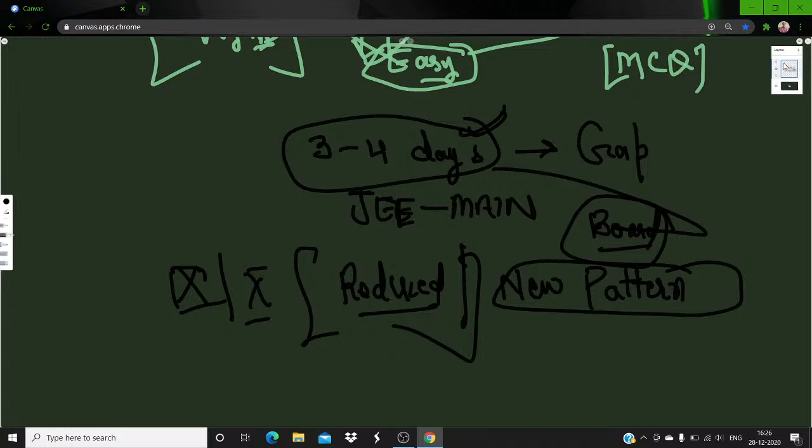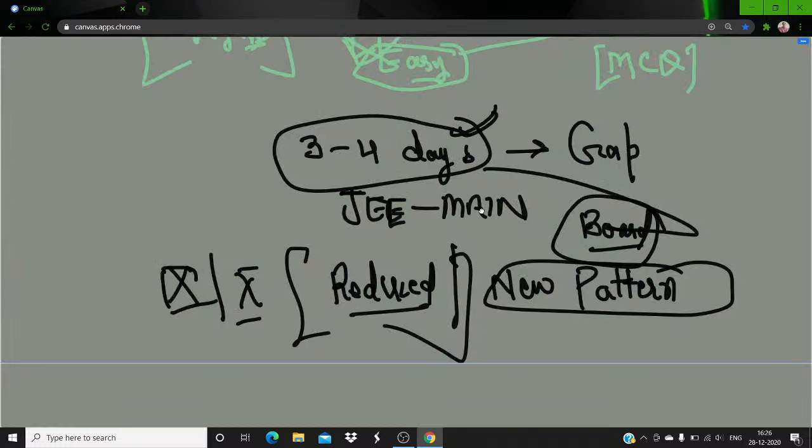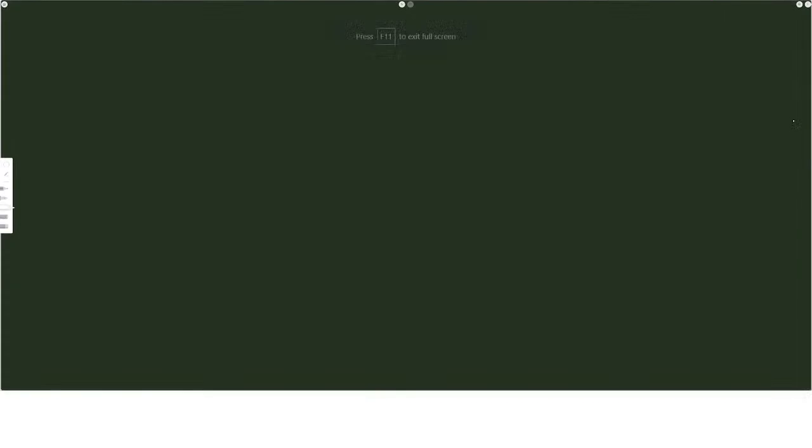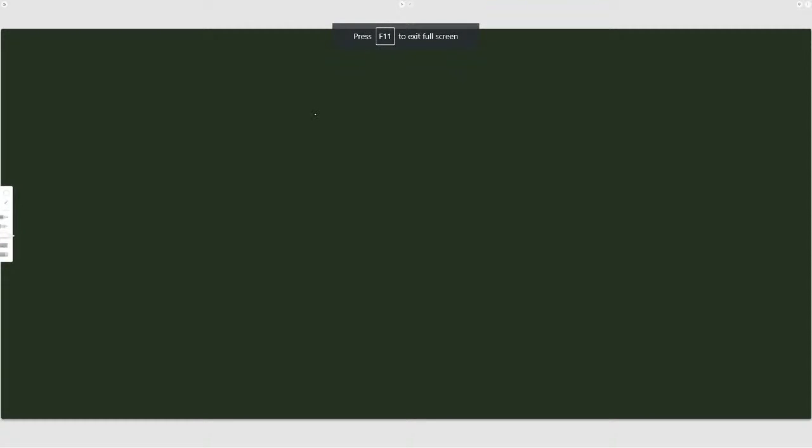We'll try to do some questions based on this topic, which is escape velocity. I have already explained to you what escape velocity is.